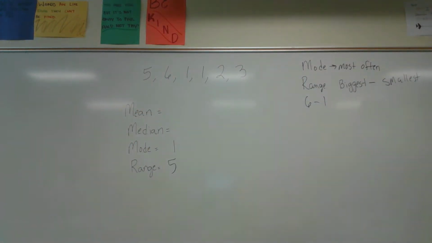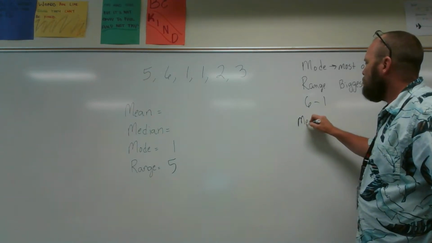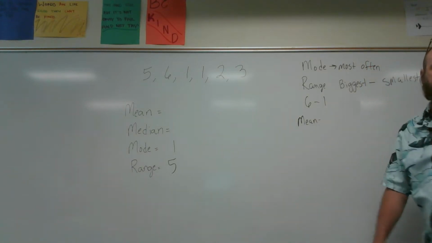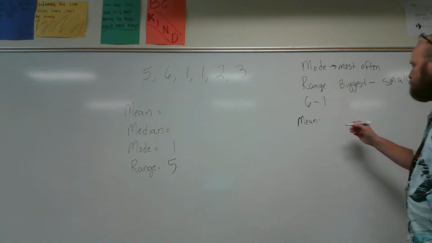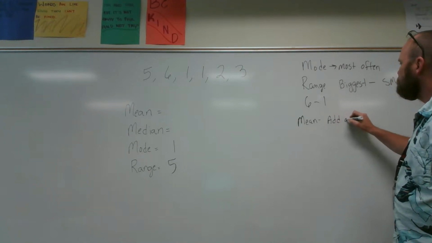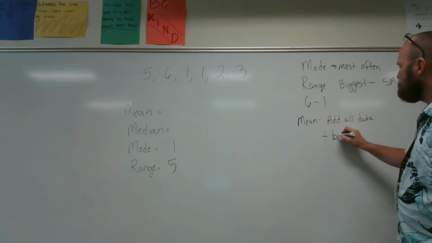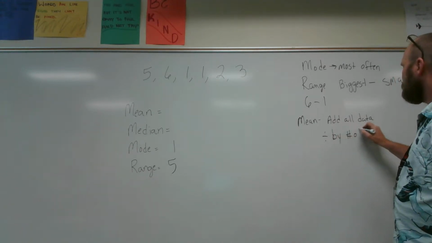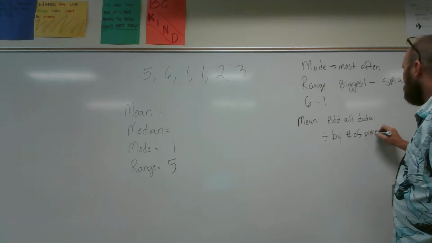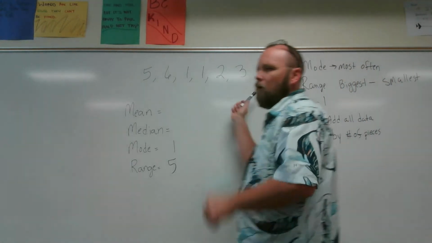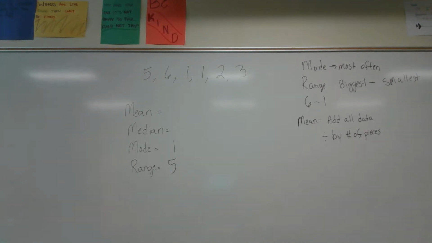Tatum, would you rather find median or mean? Mean. So, when you're finding the mean, Tatum, what do you do? You add all of the data pieces together, and then however many data pieces there are, you divide by that. Okay, so finding the mean, we add all the data pieces together, then divide by the number of pieces of data we have.